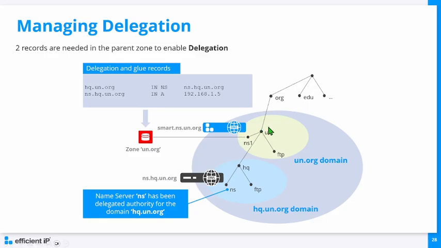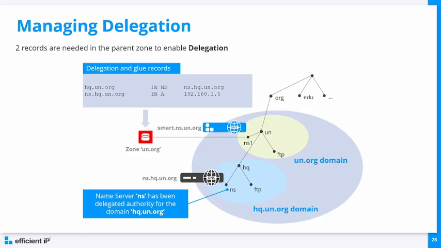So the authoritative server for un.org is NS1, and you want the authoritative server for the subdomain HQ.un.org to be on NS2. Now you will need to perform the delegation in NS1, because NS1 is the authoritative server of the parent domain. So in NS1, you need to do a delegation to delegate the subdomain HQ to NS2.